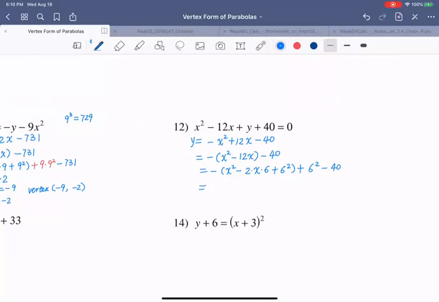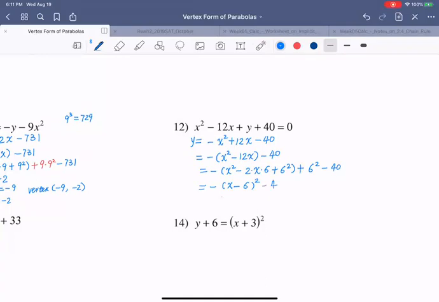And then it's x minus 6 squared, minus 4. Good.